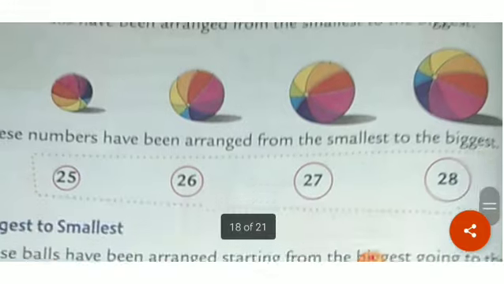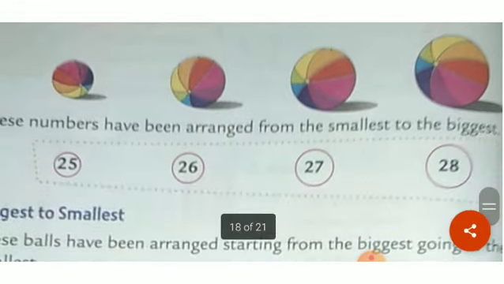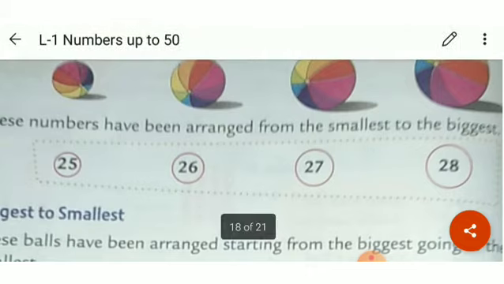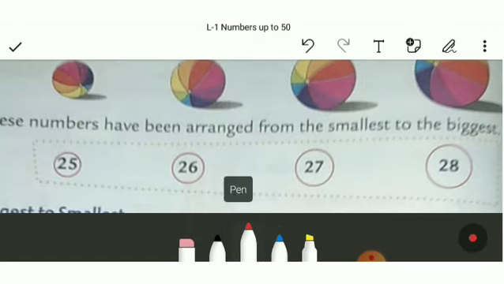In the same way we can arrange the numbers also. You can see these numbers. 25 is the smallest one, then 26, 27, 28 is the biggest one. This is the order of a number, smallest to biggest. When we arrange the number from smallest to biggest, that order is called as increasing order.